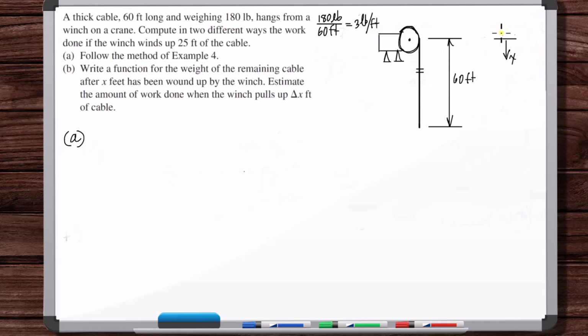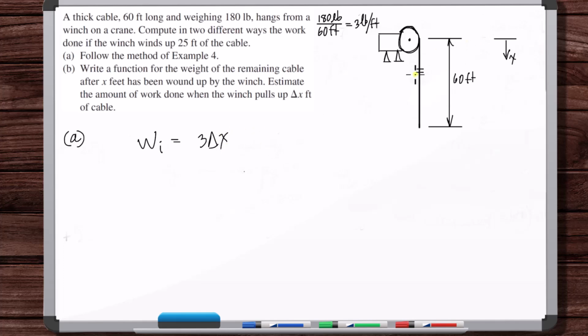And that's exactly what was done in the earlier example. The work done on each piece was delta X times 3, or 3 delta X, that's the weight in that piece. And then how much was that lifted?